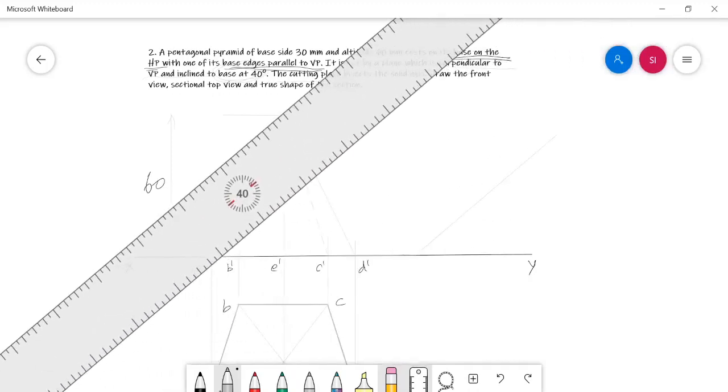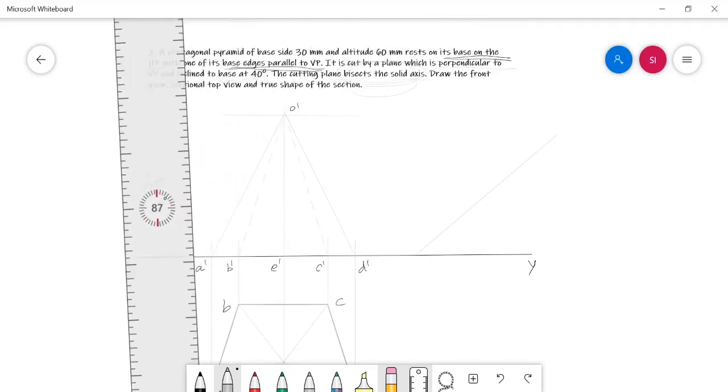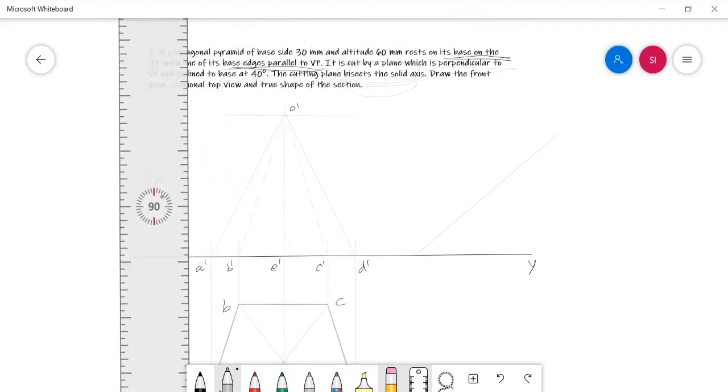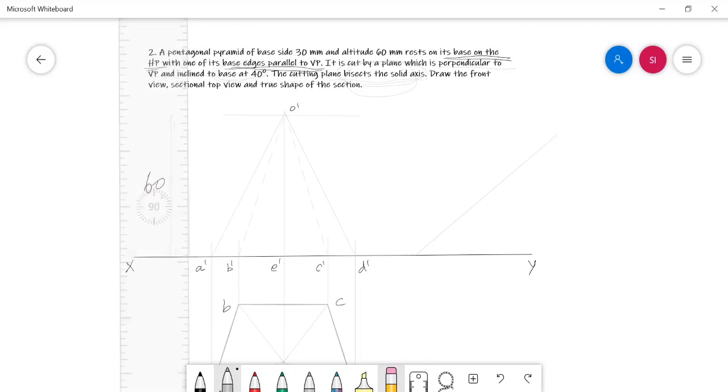When you want to cut the axis and bisect it, you need to place the cutting plane at a point 30 mm from either end of the solid axis.